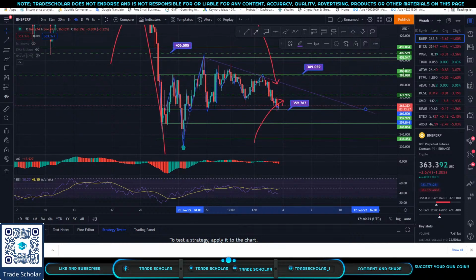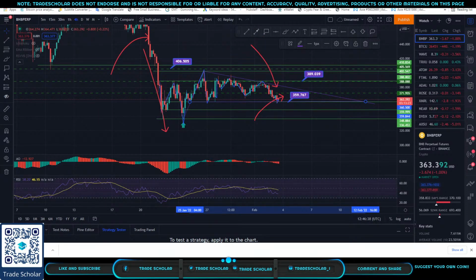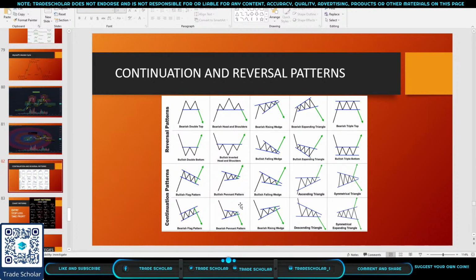Okay. But if this is not pennant, and if it is descending triangle, then it would mean that it would go down more. Okay, it would mean it would go down more for the breakout.